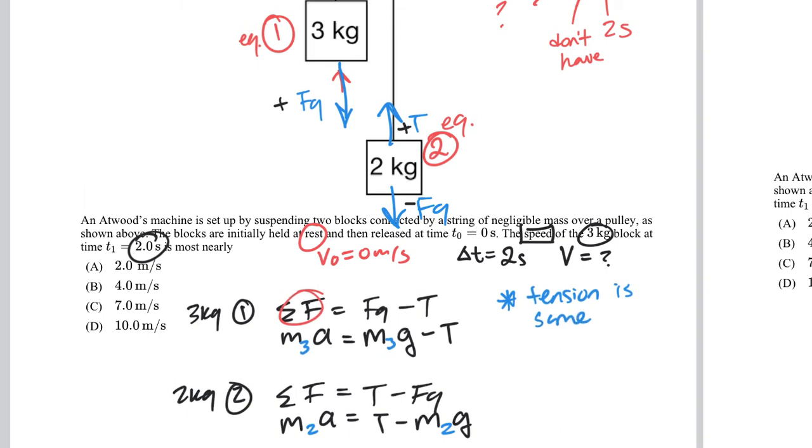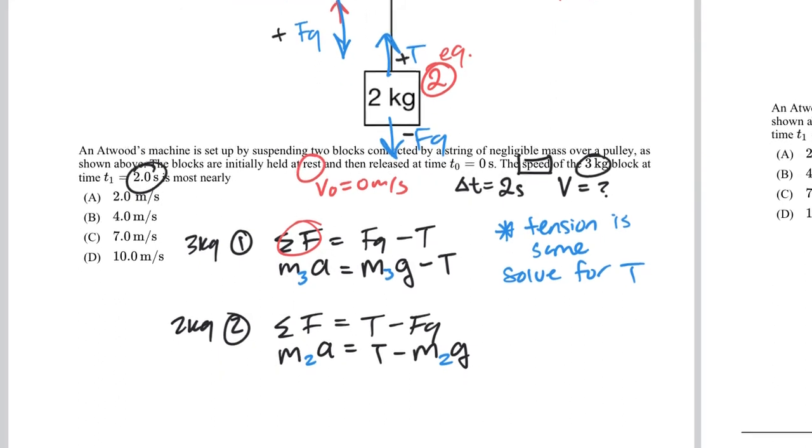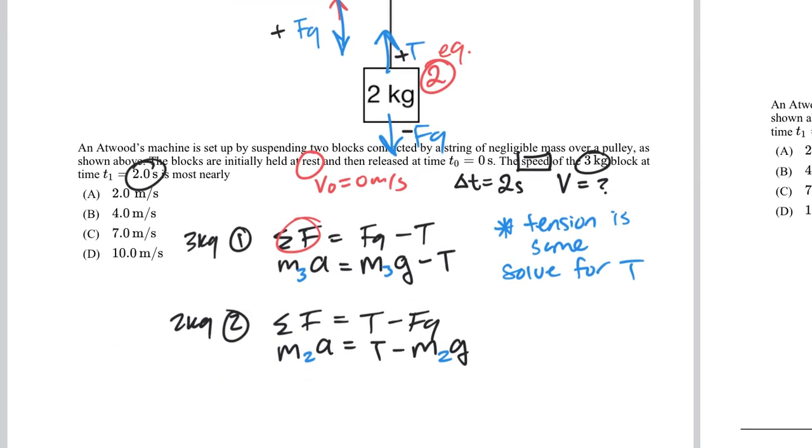So what I want to do now is solve for T for both equations. So if I want to solve for T, I'm just going to bring T all to one side. So T is equal to m3g minus m3a.